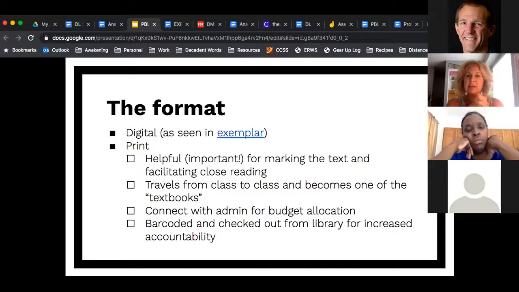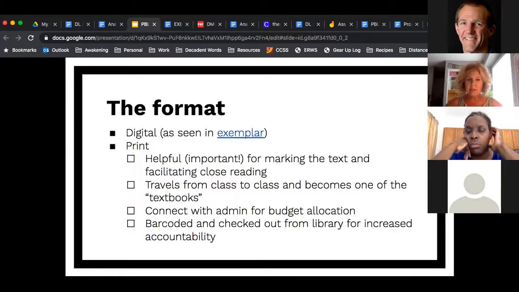If your school site determines that you want to have it reproduced, the way that we do it is the teachers compile it, usually during some combination of the PBL Institute and then those weeks leading up to the launch of the school year.